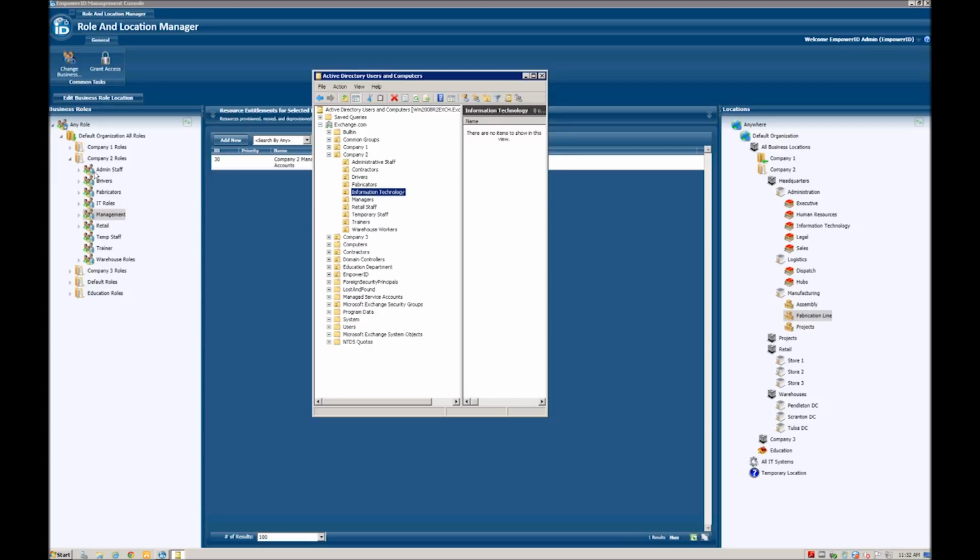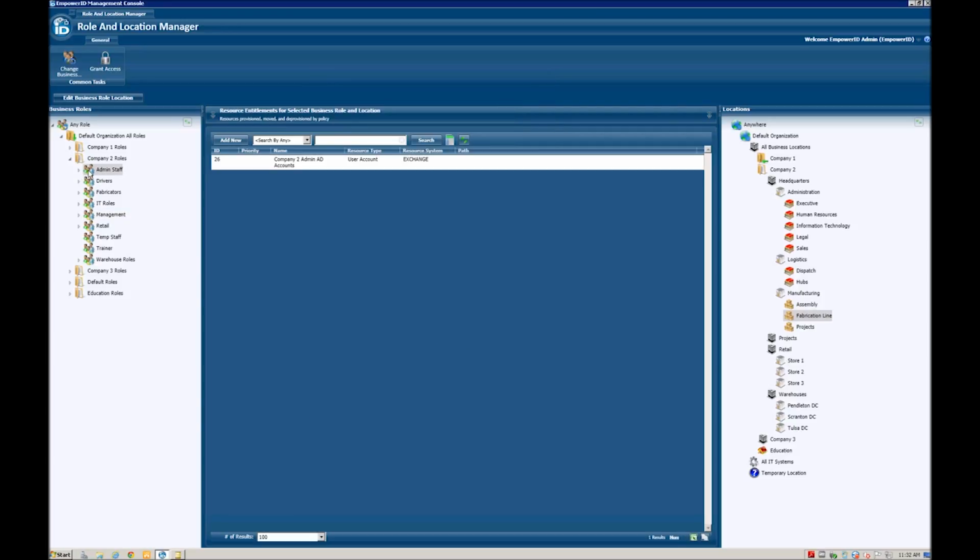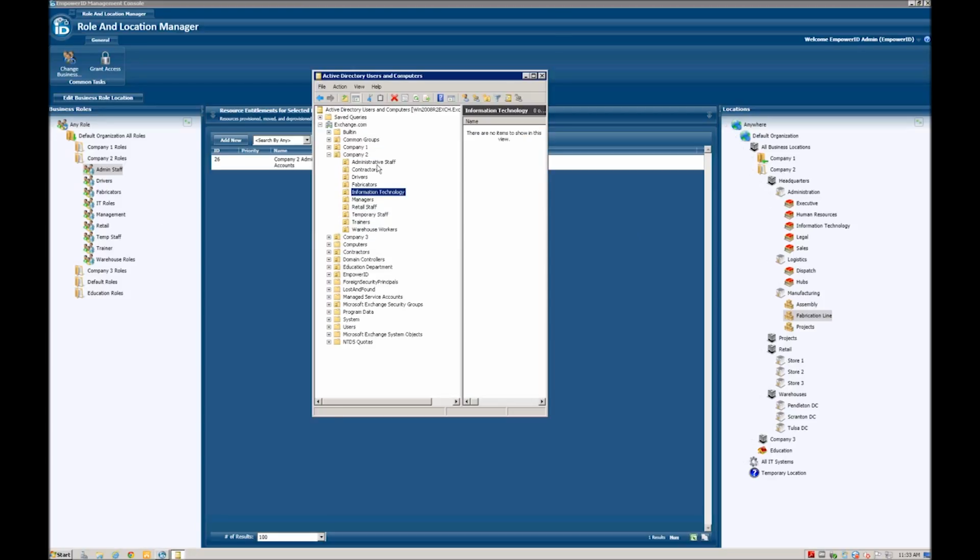So if we create a hierarchical structure in our roles, then we can create resource entitlements at a particular level, such as admin staff or drivers or fabricators, etc. And if we create that resource entitlement at the admin staff in any location, then what we can do is we can simply have that definition targeting the administrative staff OU.